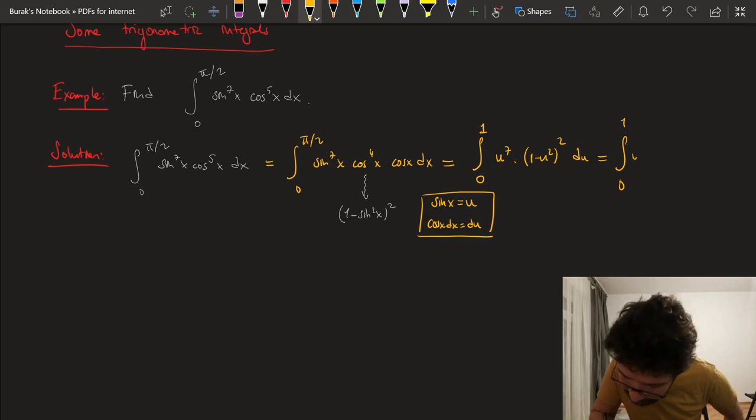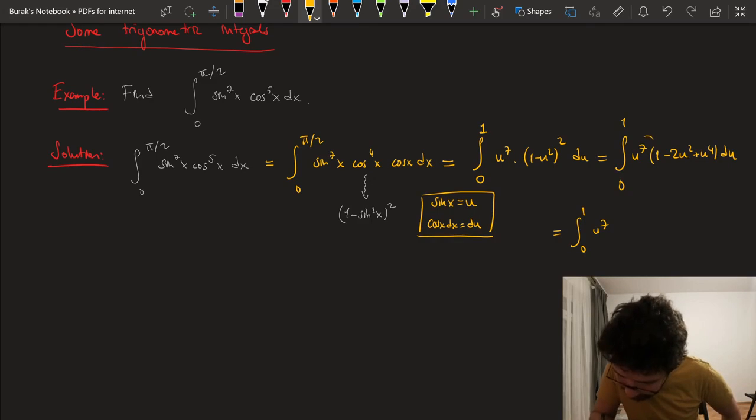This is u to the power 7 times 1 minus 2u squared plus u to the power 4 du. Let's distribute this: u to the power 7 minus 2u to the power 9 plus u to the power 11 du.